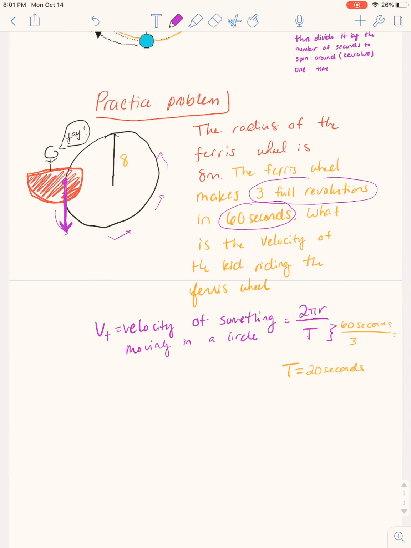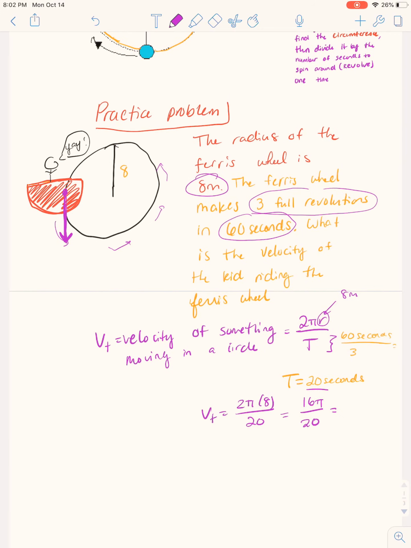And our r here is 8 meters. So Vt is equal to 2 pi times 8 all over 20. I got my 20 there, and I got my 8 from the problem right here. To simplify, that's 16 pi over 20, which is, now it's time to use the calculator. If you do not have pi in your calculator, you have to use 3.14. So 16 times 3.14 divided by 20 is equal to 2.5. So this is 2.5 meters per second.